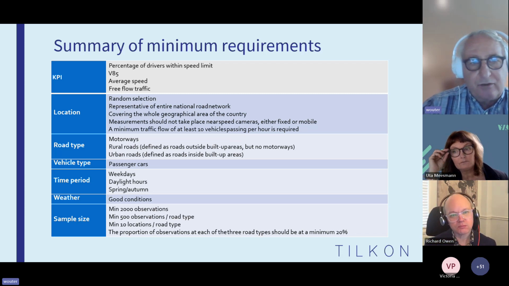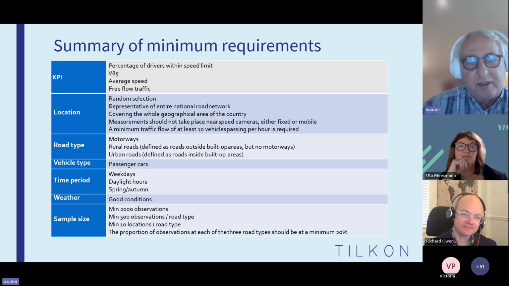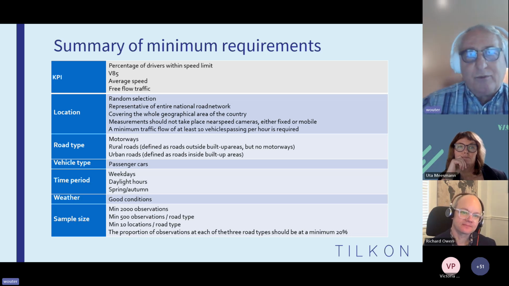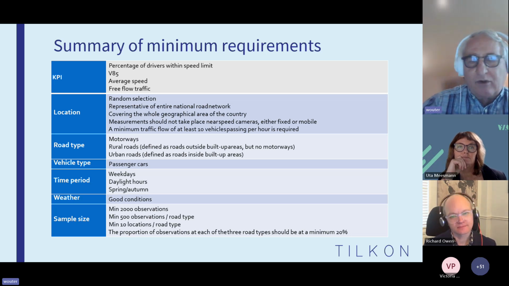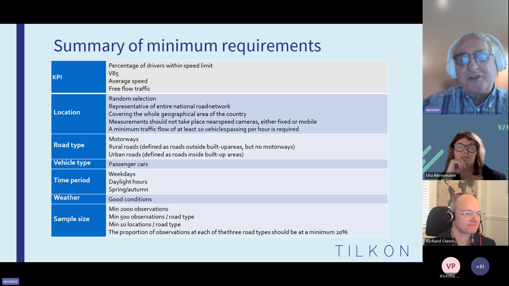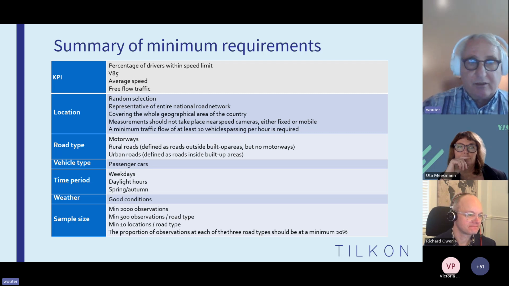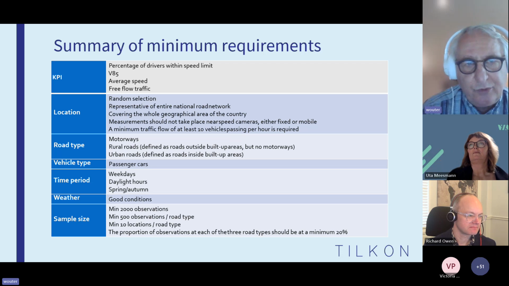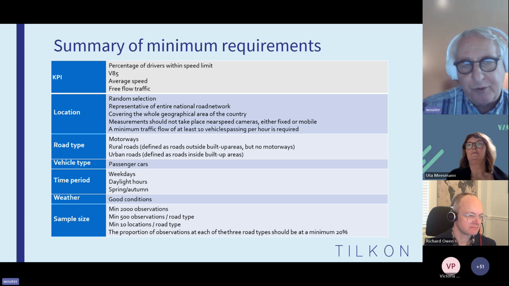That you have daylight hours and you do it in spring or autumn and not in winter or summer. So these are all kinds of requirements to increase the comparability, not just within the country over time, but also between countries. What is maybe strange is that the minimum sample size for speed is relatively low. You have to have like 2,000 observations and 500 per road type.